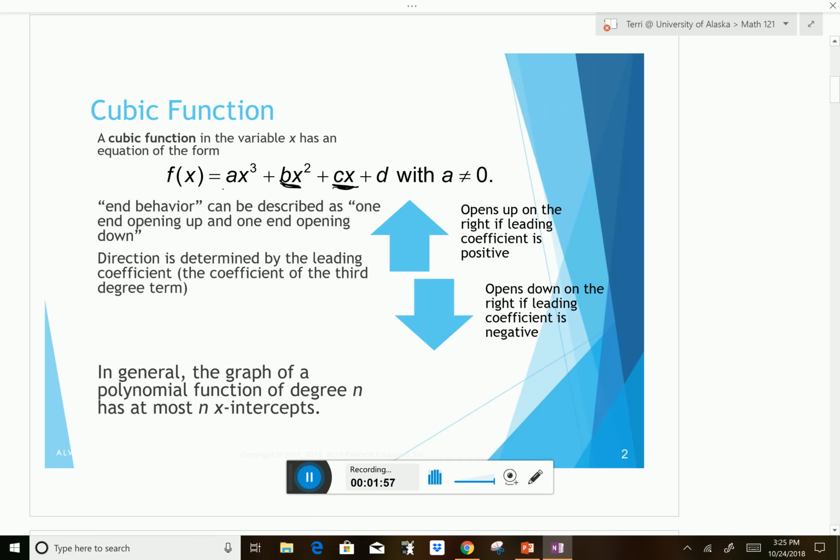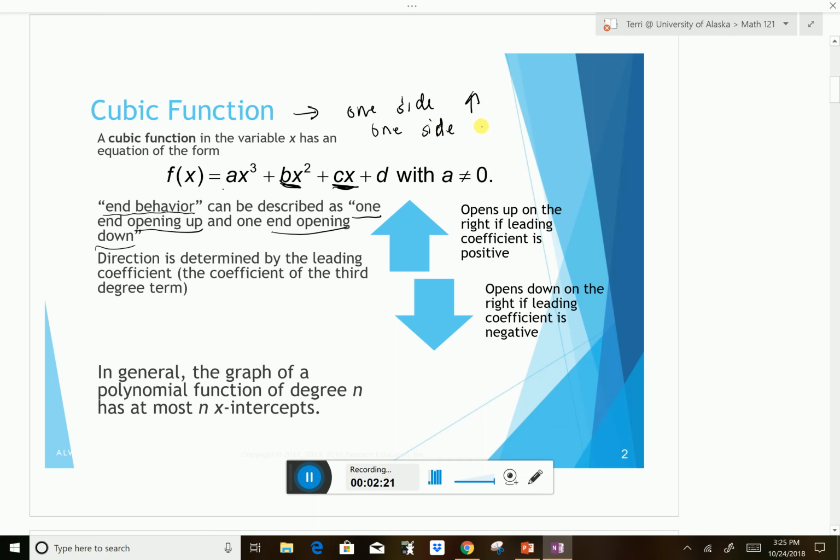And we have to look at their end behavior. So the first thing we do is, what does a cubic function's end behavior do? Well, it's one end up, one end down. That's the end behavior of a cubic function. One side goes up, one side goes down.